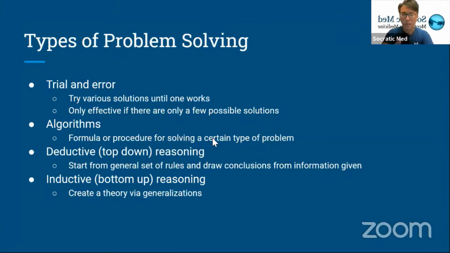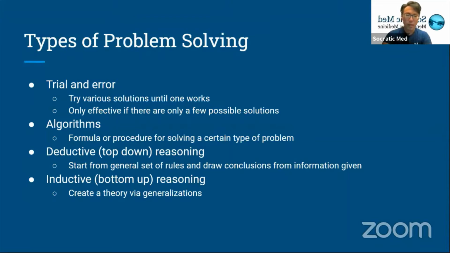Deductive reasoning, also known as top-down reasoning, is when you start from a general set of rules and you work your way down. You take what you learned in the past, everything you know about this problem, and you use that to draw conclusions on the problem that you're given.